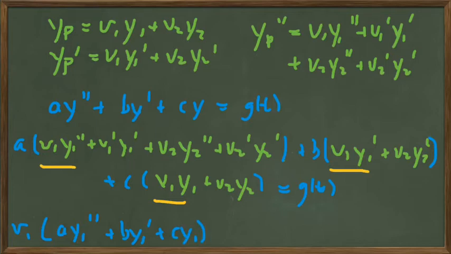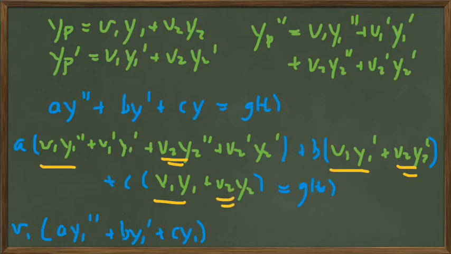And now let's identify all the terms that are multiplied by v2. So this term and this term.